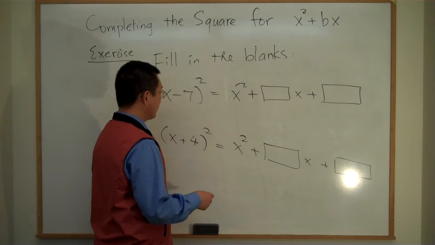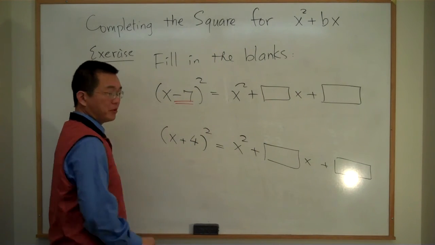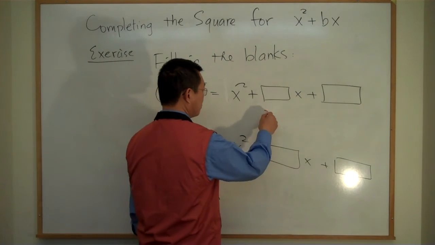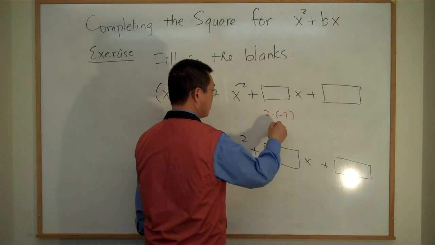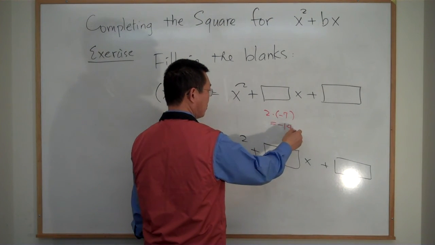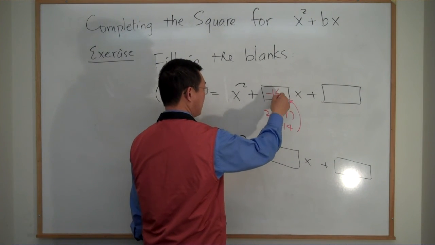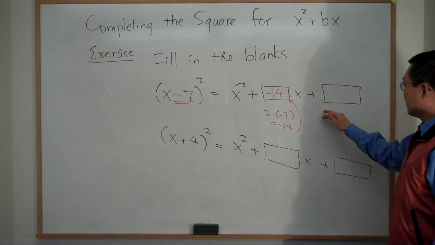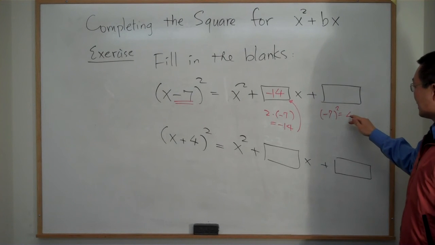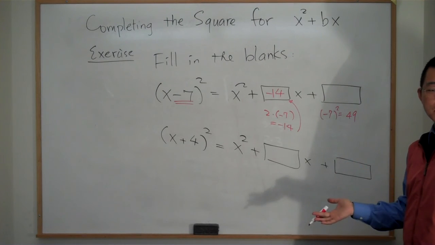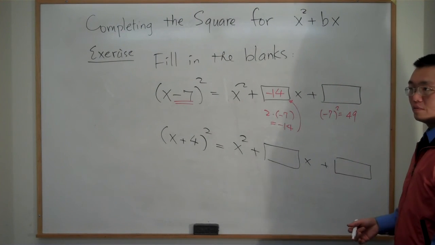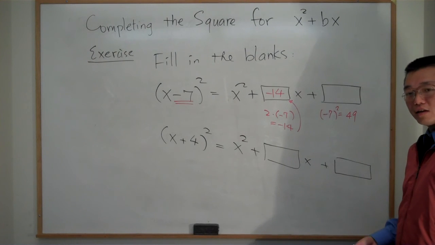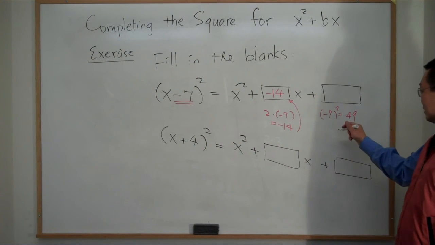Okay, now let's see how we solve these problems. Here, the first problem, you got -7 here. So 2 times -7, which is -14. That should go in this blank, -14. And then -7 should be squared, which is +49. Because -7 times -7, since a negative number times another negative number is positive, you get 49 here.